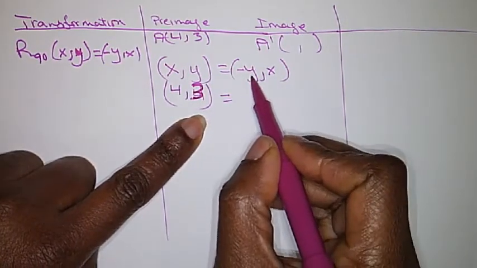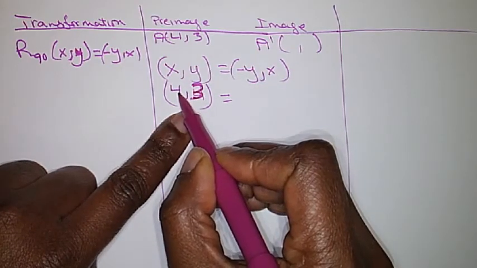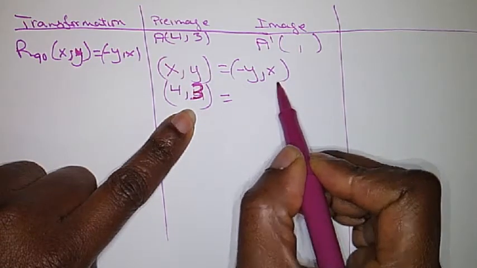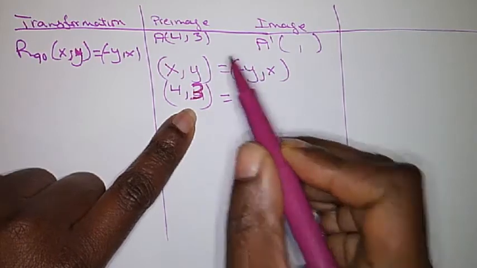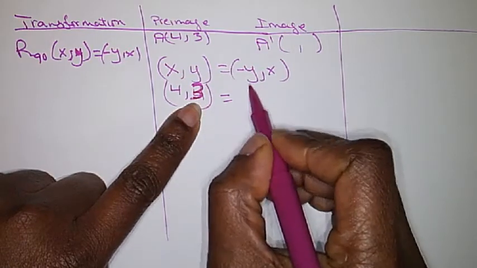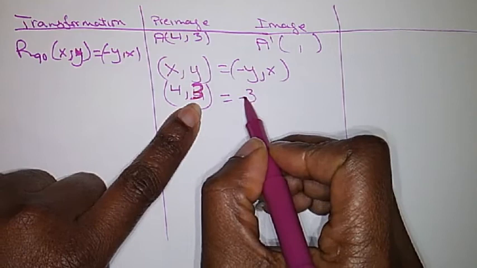I notice we are switching. Now my x value is in the y value's position and my y value is in the x value's position. So I take my y value, 3, and put it here, and I notice it becomes negative after the rotation.